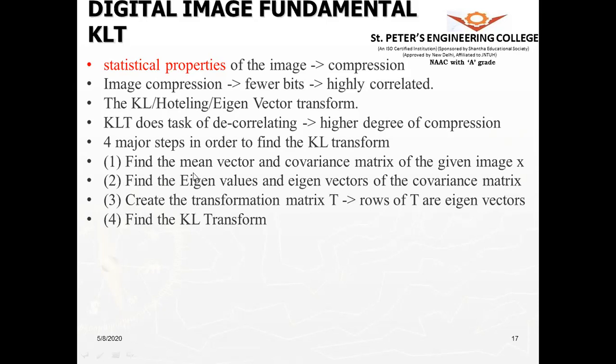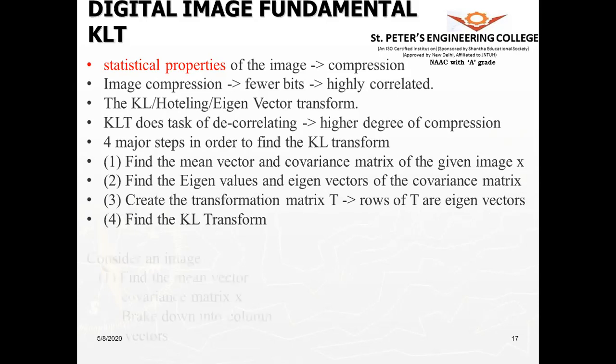First, we find the mean vector and covariance matrix for the given image. Next, we find the eigenvalues and eigenvectors for the covariance matrix. Then we create the transform matrix, where we replace all the rows of the transform matrix by the eigenvectors, and finally find the KL transform.